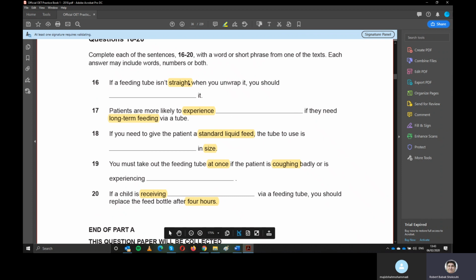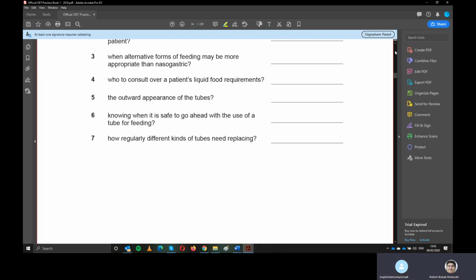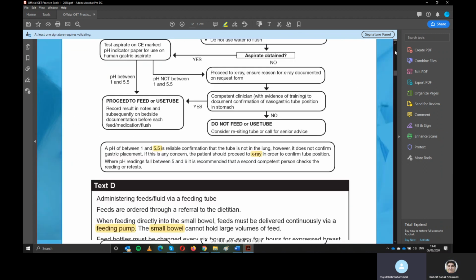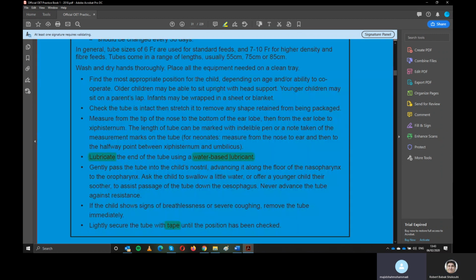If not, then we go one by one. If the tube is not straight when you unwrap it, you should do what? Where can I find this? I think this is procedures number 15. We can find it here.